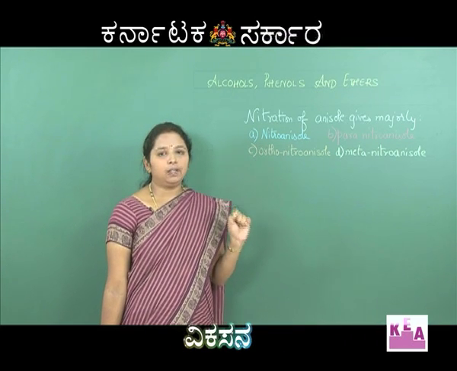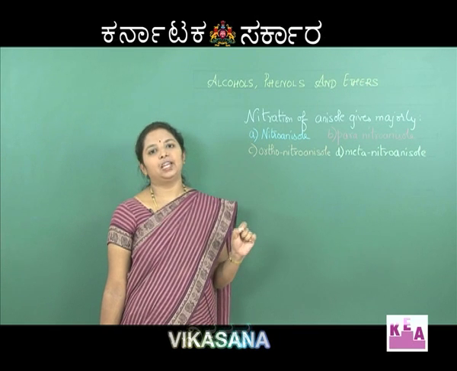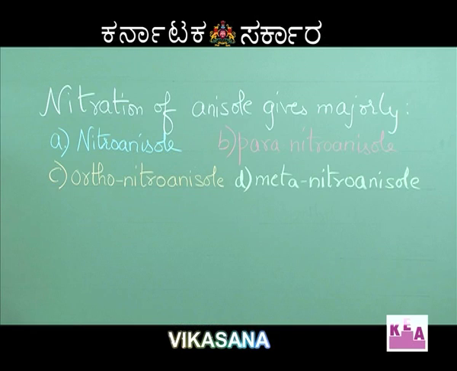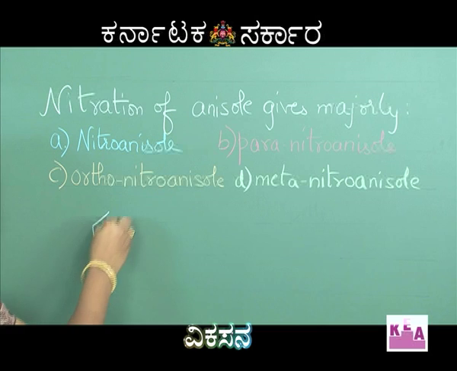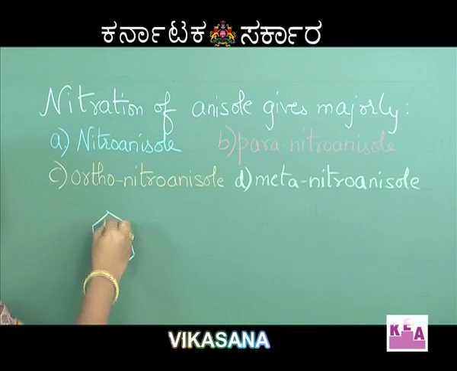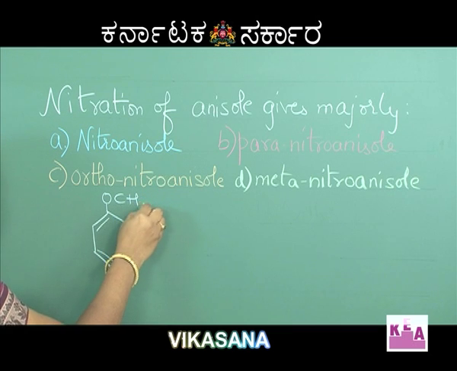When we are solving this, always remember the effect of an OH group or anisole group. What is the structure of anisole? It is nothing but the benzene ring with an OCH3 group.